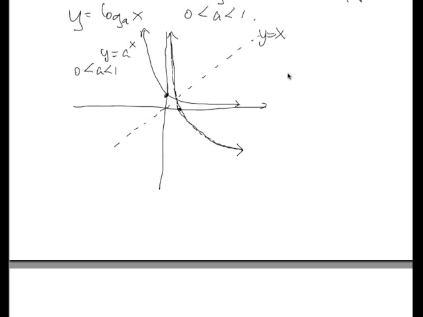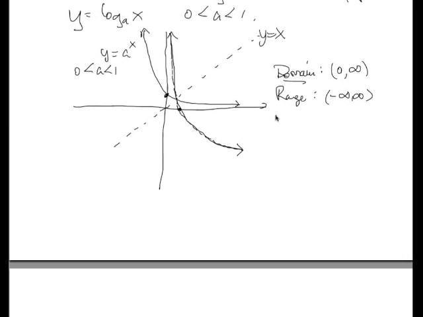So what are the characterizations of this? We go through the same thing. What's the domain now? You can see the domain is still all of the positive numbers, not including 0. We can't find the log of 0. The range is all real numbers again, so that hasn't changed.